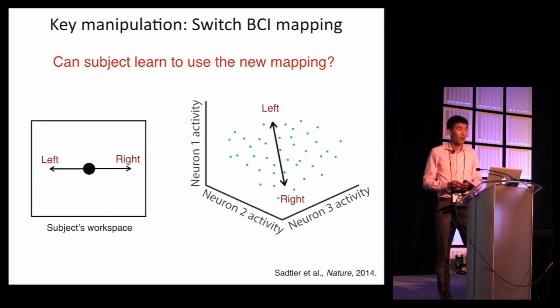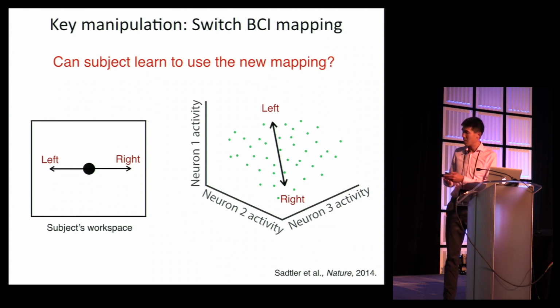Okay? So now, in order to move the cursor to the left, the subject will need to produce neural activity up here. And in order to move the cursor to the right, the subject will need to produce neural activity down here. So right after this switch, the subject's performance with this BCI will be poor. Right? But with trial and error, the subject can learn, right, to perhaps control this BCI mapping.